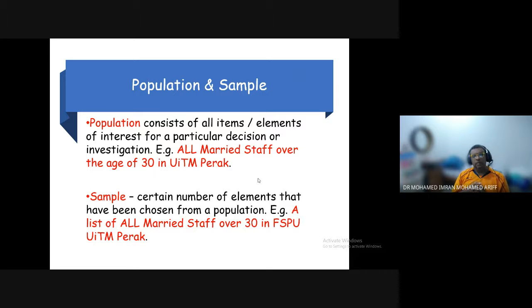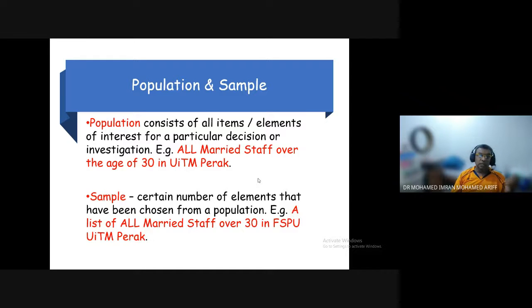Okay, population consists of all items and elements of interest for a particular decision or investigation. Example, all married staff over the age of 50 in UiTM Perak. Okay, sample, certain number of elements that have been chosen from a population. A list of all married men staff over 30 years old in FSPU in UiTM Perak.